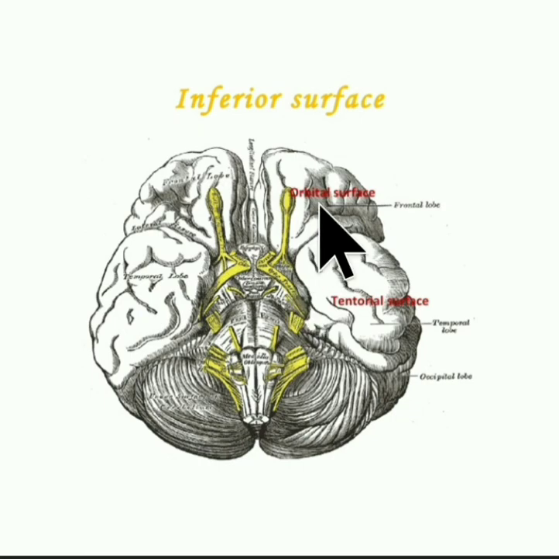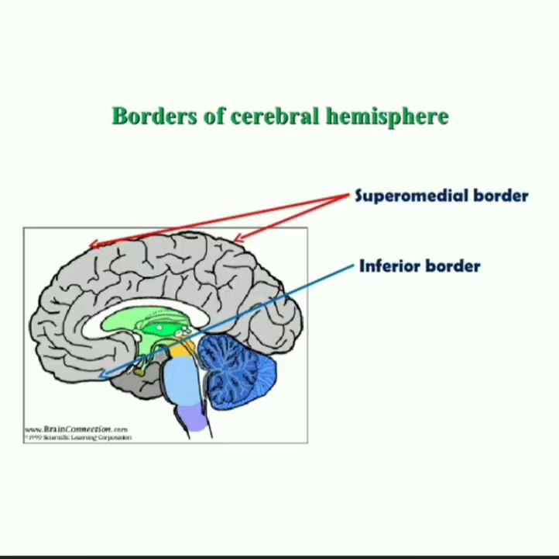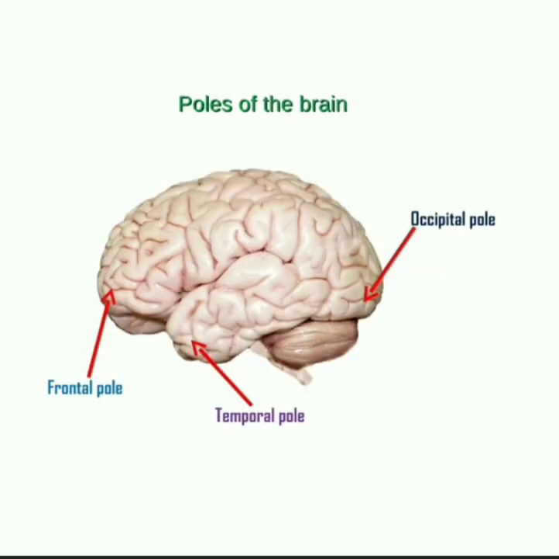The surfaces are separated by borders, the superomedial border and an inferior border. The inferior border seen near the medial surface is called the inframedial border, and the one seen near the lateral part is called the infralateral border.